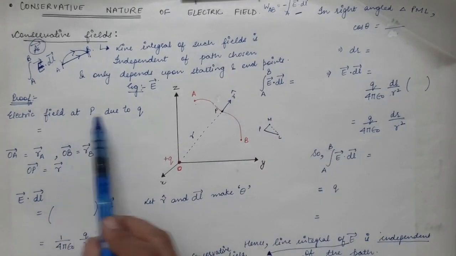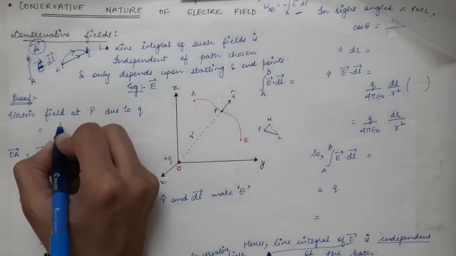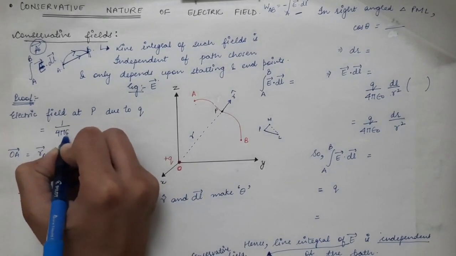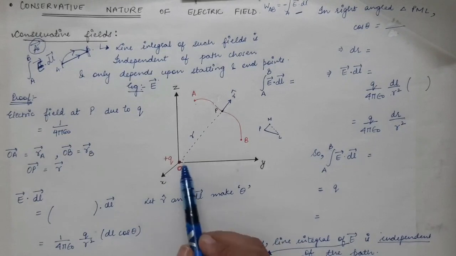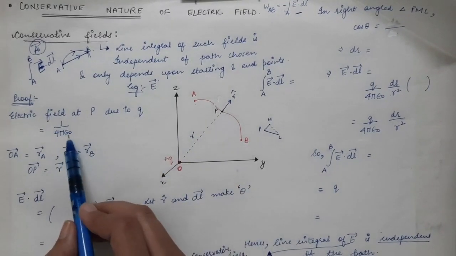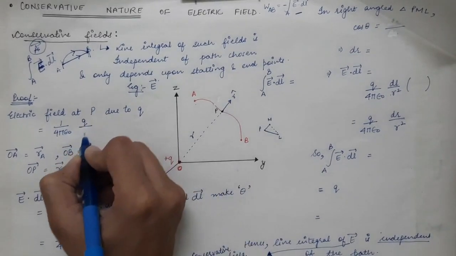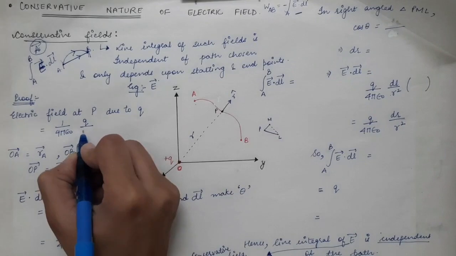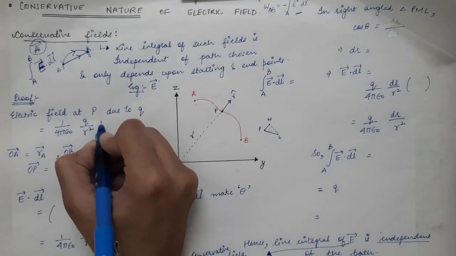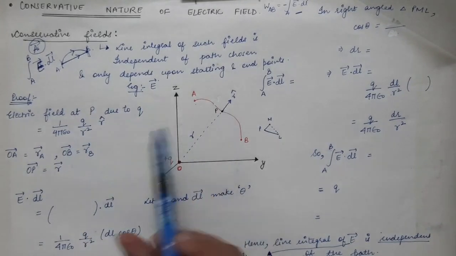So what will be the electric field at point P due to this source charge? We are using Coulomb's law. The electric field at point P will be 1 by 4 pi epsilon naught, Q, that is the source charge, divided by the square of the distance, that is r square, times r cap. So this is the electric field at point P.